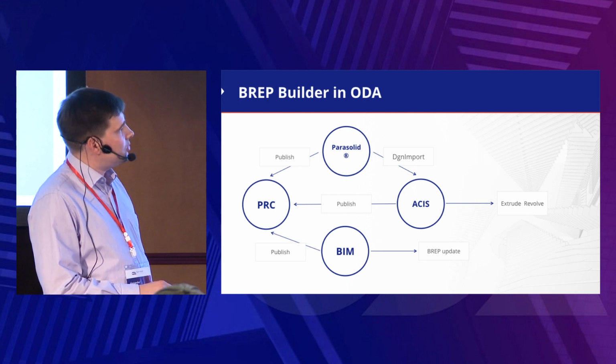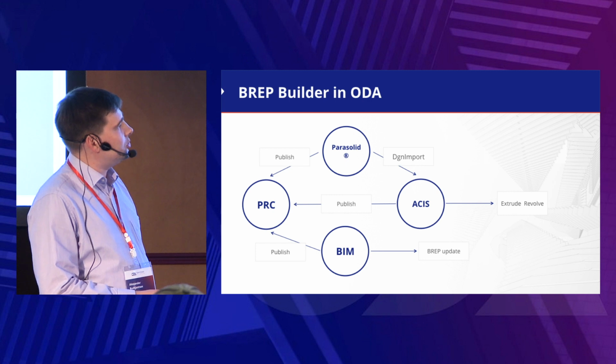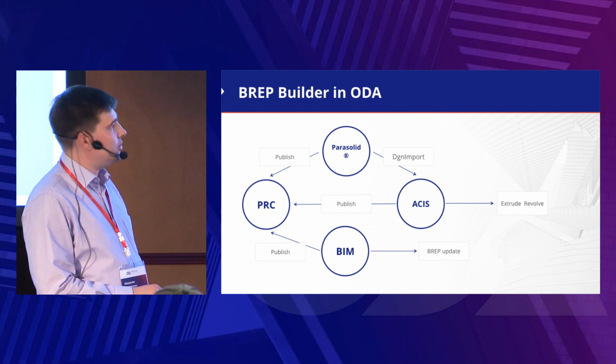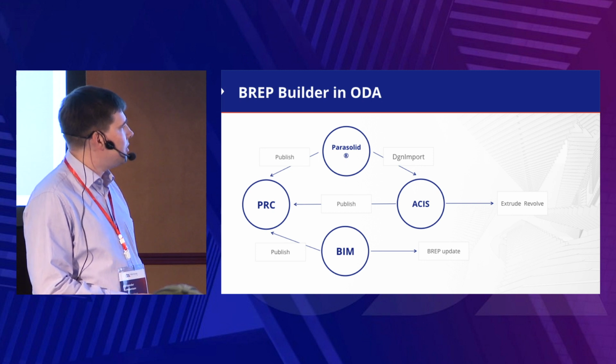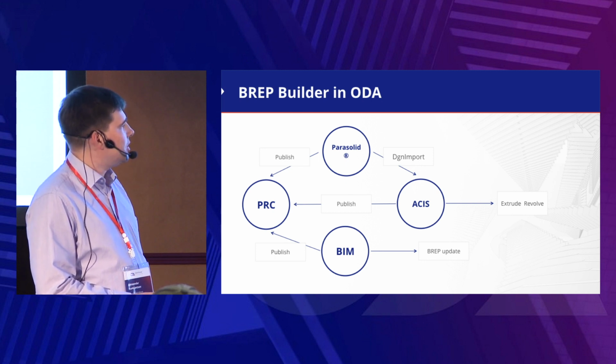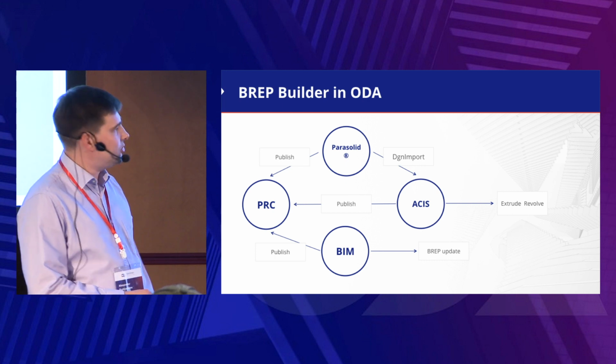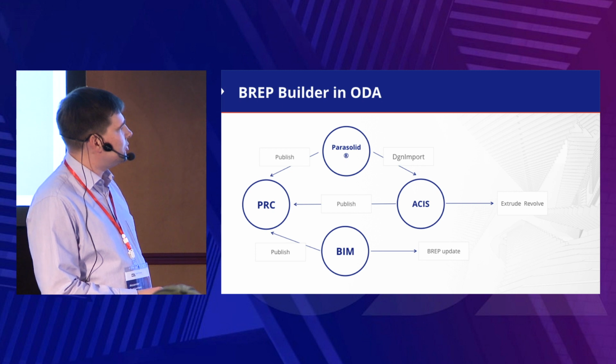And we are able to create extruded and revolved surfaces inside Drawing SDK. In fact, this is an ACIS data stream. The BIM product is working with the BREP builder interface to update BREP-based topology elements.